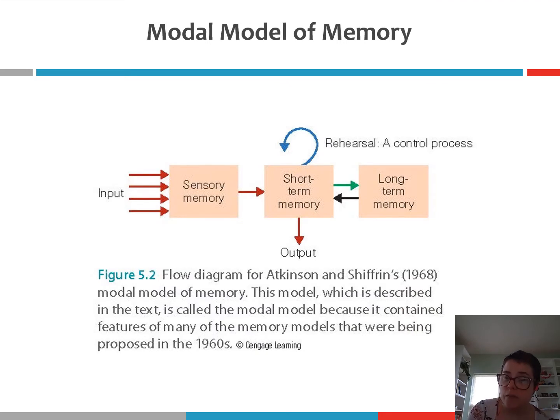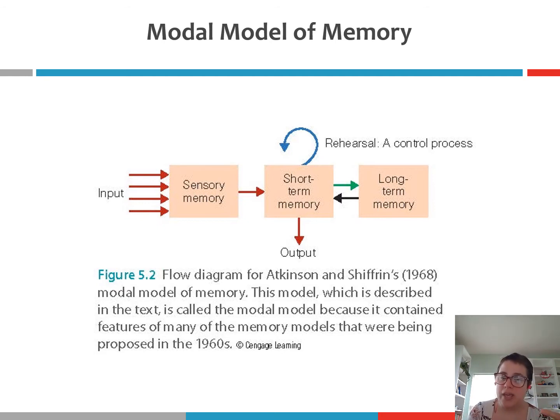Okay, so this is the modal model, and it should look familiar to most of you. And it's called the modal model because it was basically just a mashup or a combination of all of the features of many, many different information processing models of memory. So it took aspects of many different theories about how memory works under that information processing approach and put them together, right?